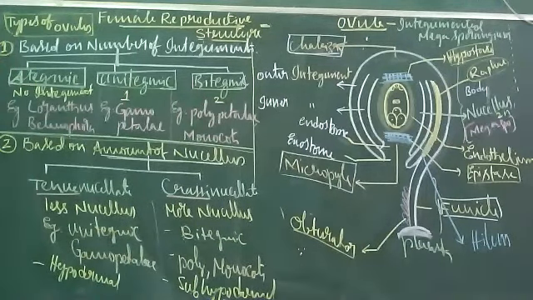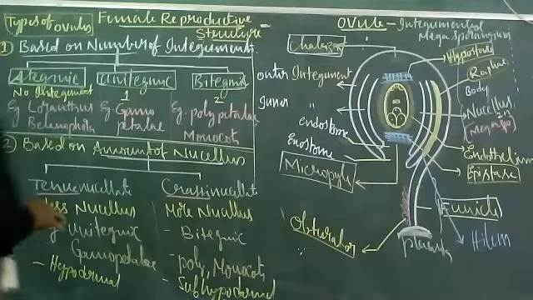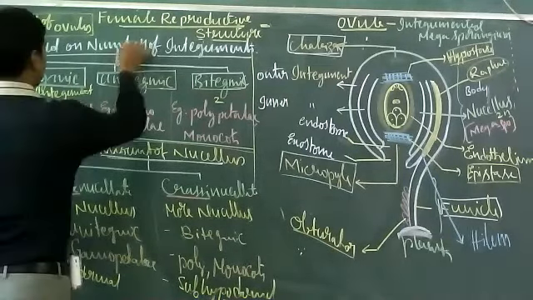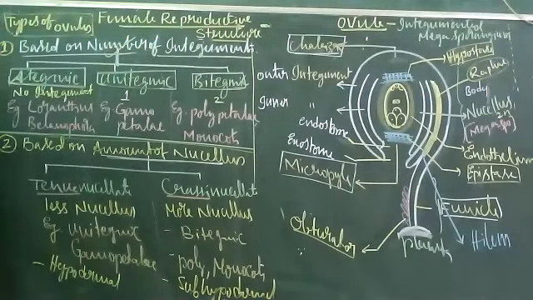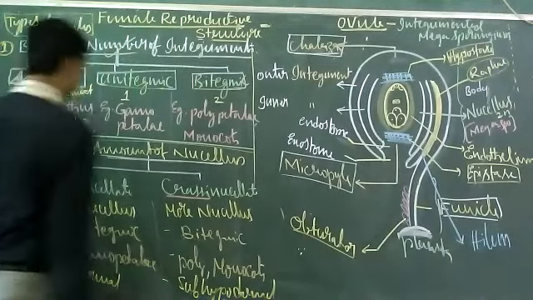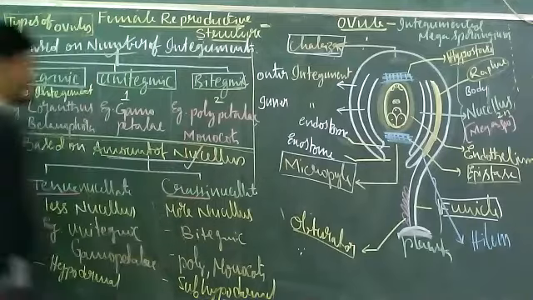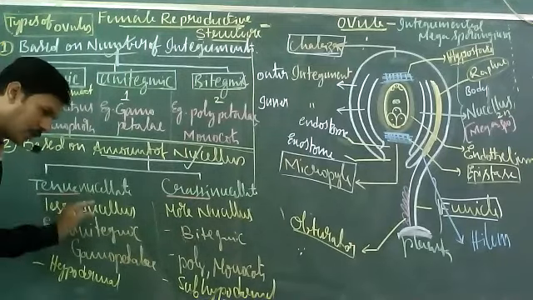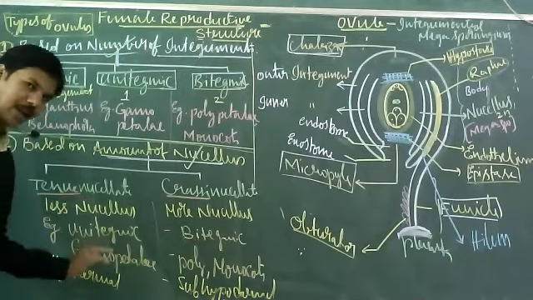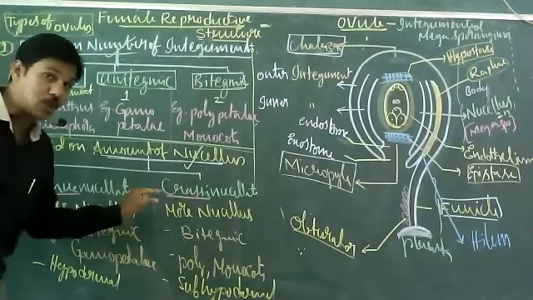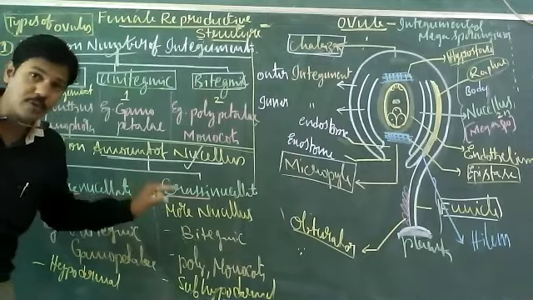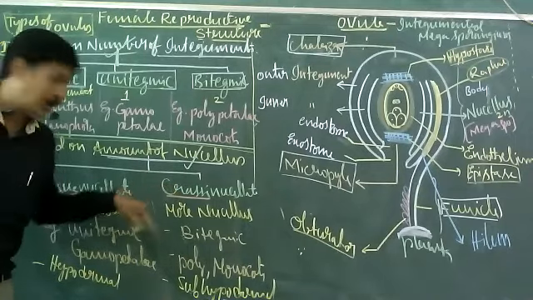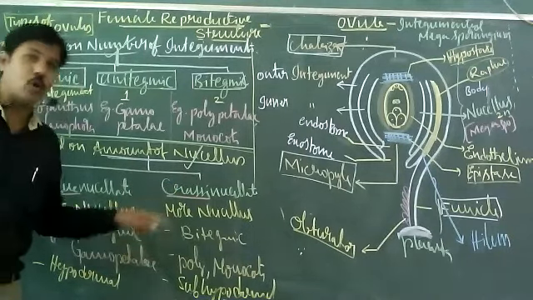Okay, so various types of ovules based on the number of integuments, and based on the amount of nucellus. Tenuinucellate, little amount of nucellus, gamopetalae members. Crassinucellate, more amount of nucellus, polypetalae and monocots.